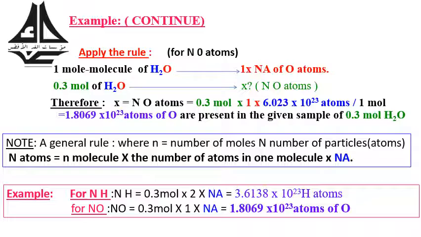For the number of atoms of O, we may say number of atoms of O equals 0.3, which is the number of mole molecule, times 1, which is the number of O atom in one molecule, and times Na, which is Avogadro's number. So we get 1.8069 times 10 to the power 23 atoms of O. So either you use this method in the note or the golden rule.